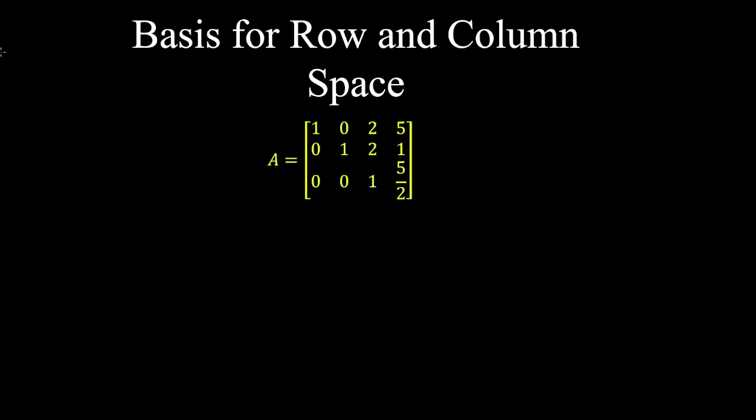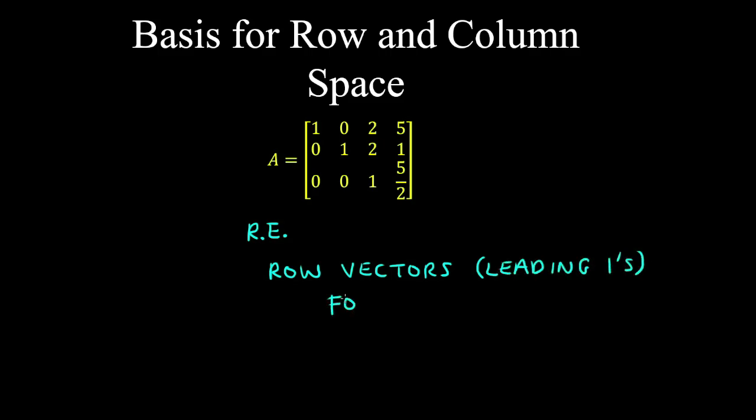If we have a matrix that's already in row echelon form, then the row vectors with leading ones form a basis for the row space of matrix A. So for example, here we have 3 rows with leading ones.